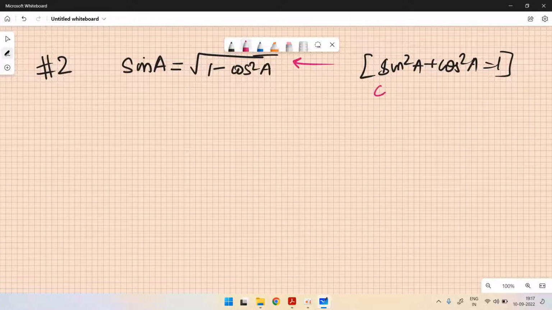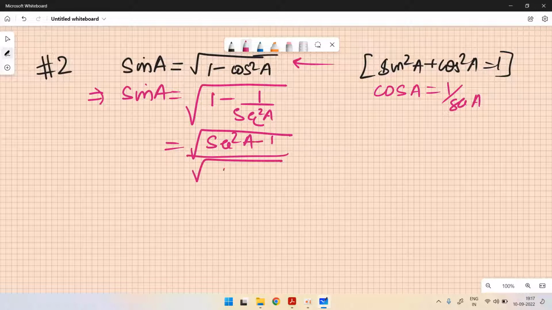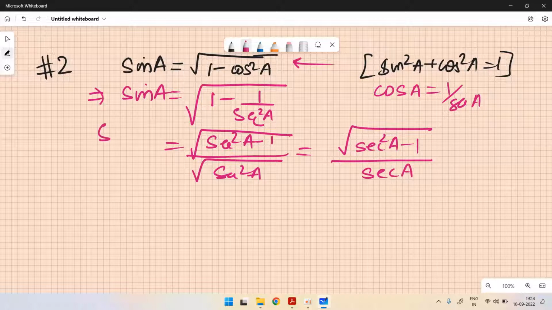And also you know that cos A equals 1 by secant A. So sin A can be written as under root of 1 minus 1 by secant square A. Taking the LCM, this is under root of secant square A minus 1 by under root secant square A. The square root cancels, giving under root secant square A minus 1 by secant A. This is my sine of A.